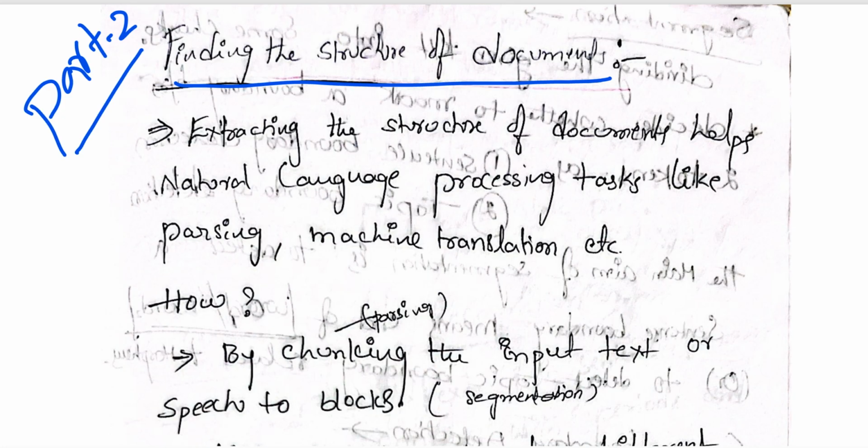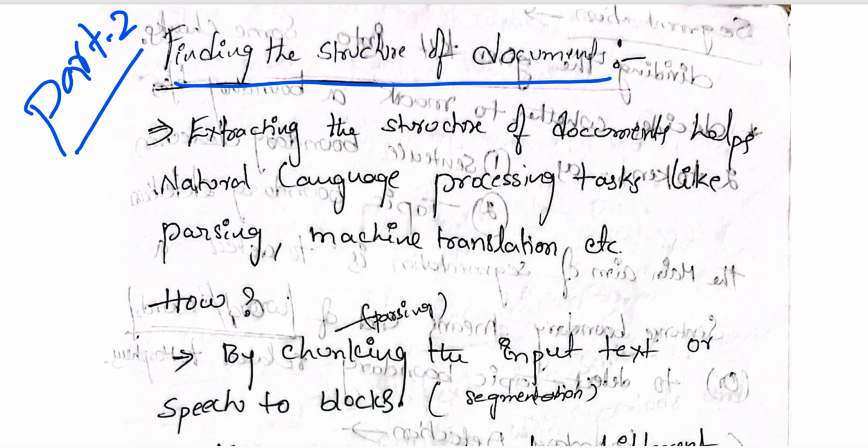Then you can easily extract the information. Extracting the structure of your document helps NLP tasks like parsing words and sentences, and machine translation, like one language to another language. This is helpful for the NLP system to complete natural language processing tasks.